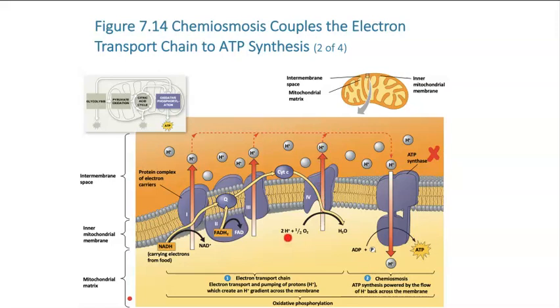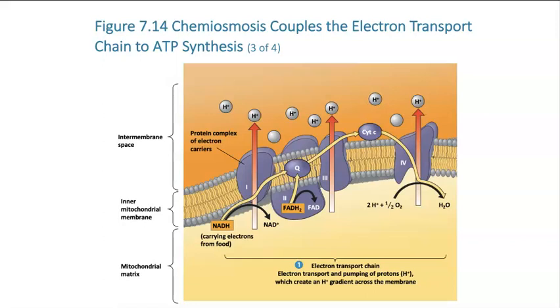Also, protons are being used up in the mitochondrial matrix when electrons join up with oxygen to form water. So there's very little amount of protons in the matrix, and they're just going to flow right down their concentration gradient in chemiosmosis. This is incredibly important because that's where all the ATP is being made.